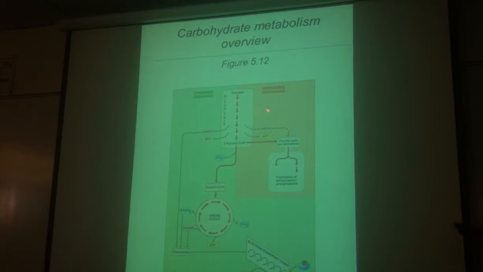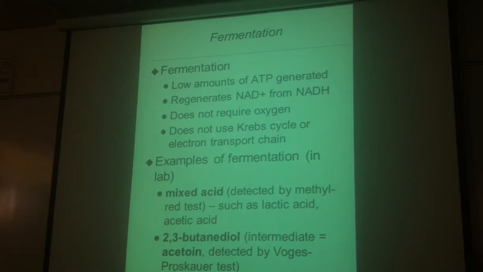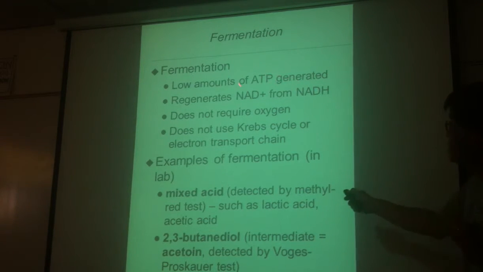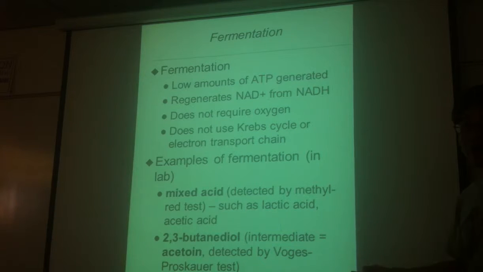What happens in fermentation is that we go through glycolysis. So we're still making some ATP and NADH, but we have a different endpoint. You see right here, we actually make fermentation products instead of going through these other two processes. So in fermentation, you get low amounts of ATP because all your ATP comes from where? From what process? Electron transport. And that electron transport chain comes from.